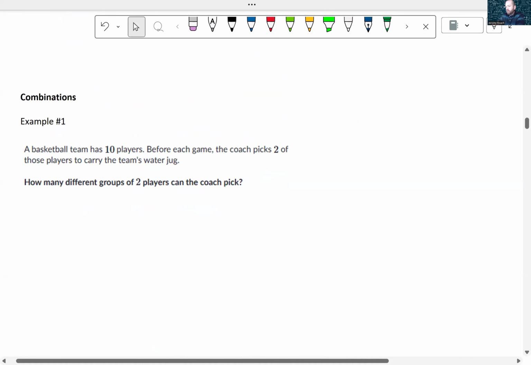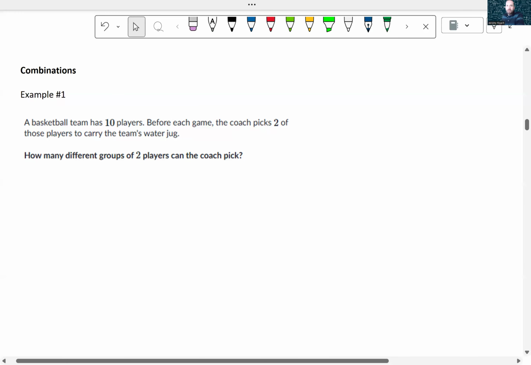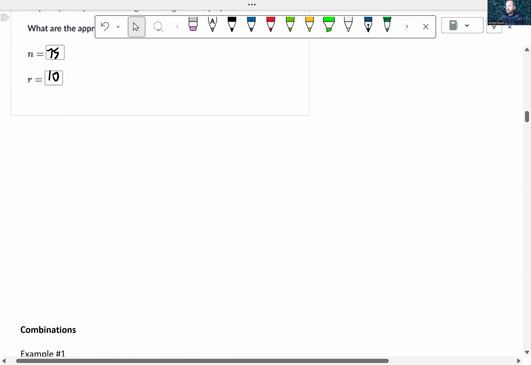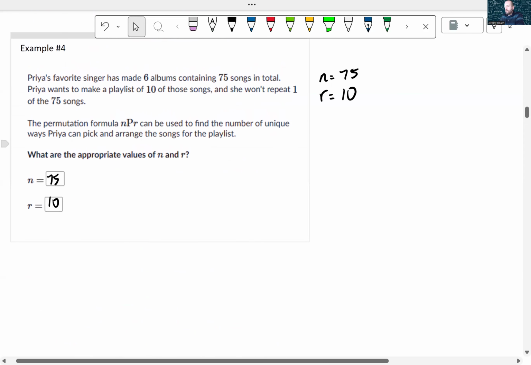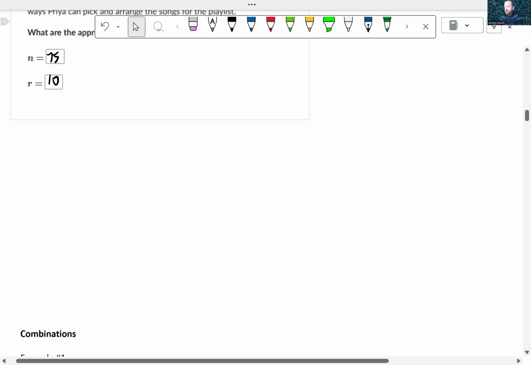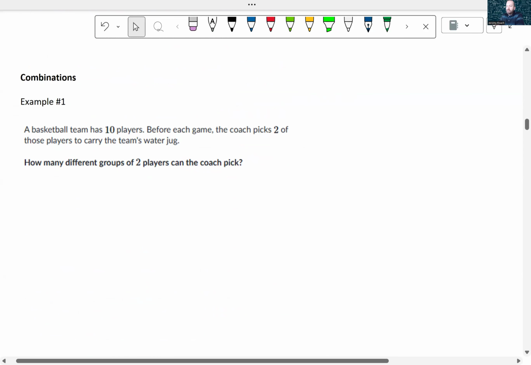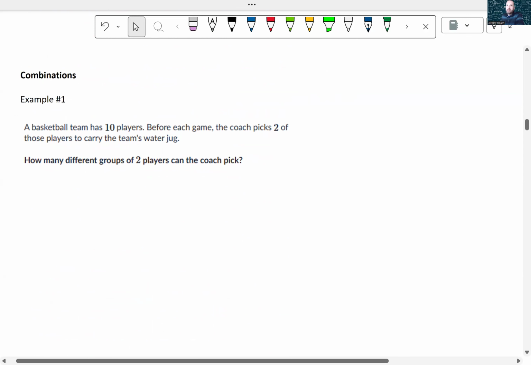All right, on to combinations next. So combinations is used when we're selecting items and the order doesn't matter. So in this previous example with the songs, they wanted their songs to play in a certain order, but in anything to do with combinations, order does not matter.